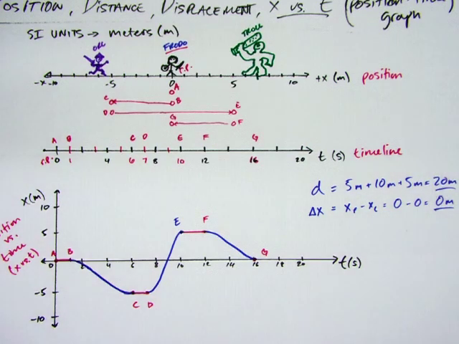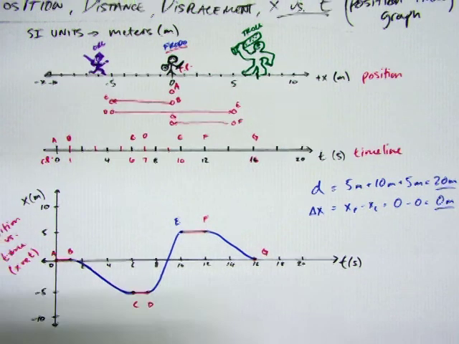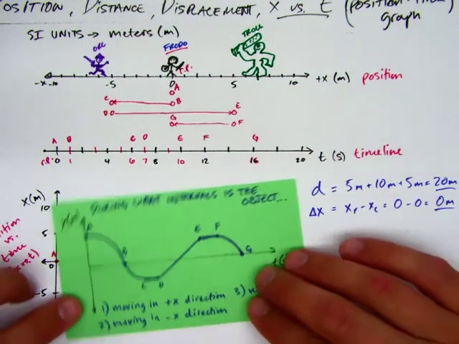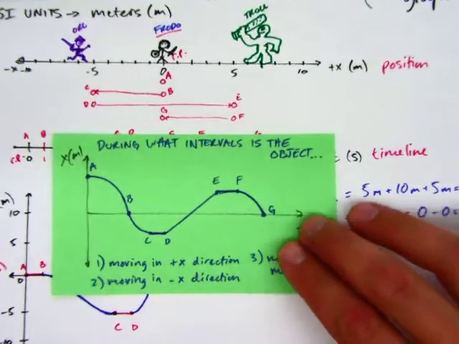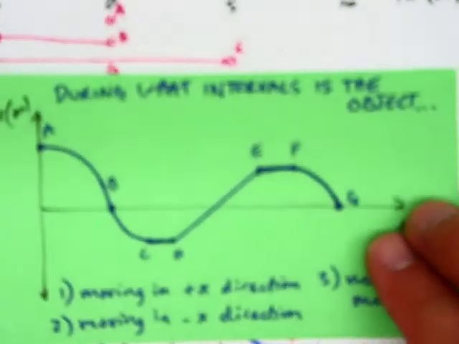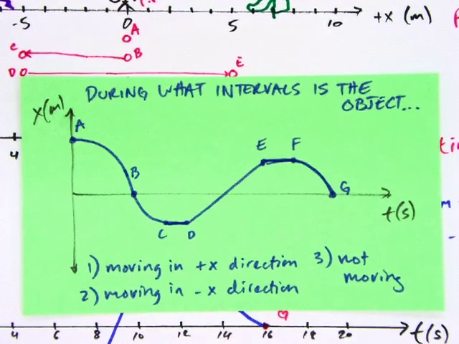I'm going to give you guys a quick practice on interpreting graphs. So I'm going to throw this up on the screen. Here is the motion of an object. Let's zoom that real quick.